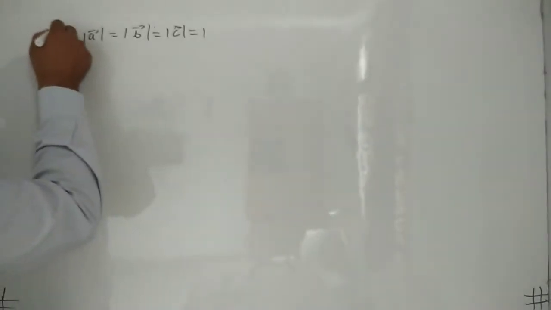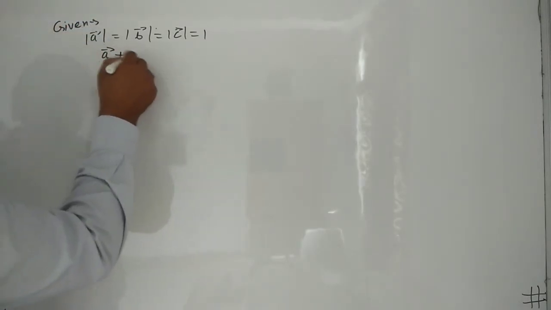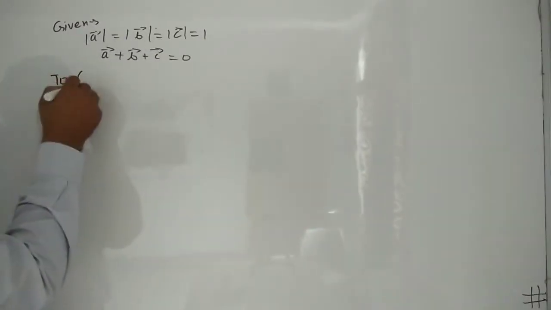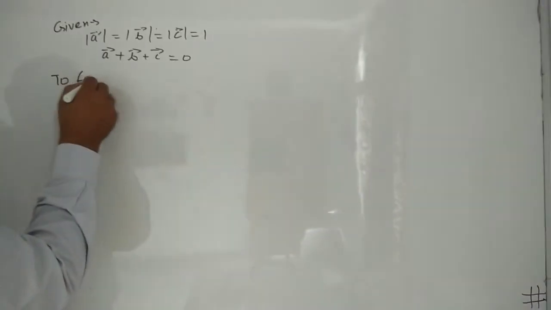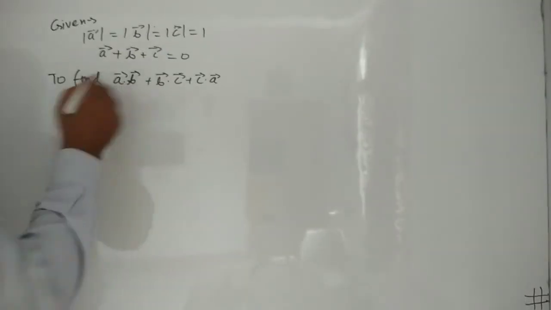One more thing is given to us, that A plus B plus C is equal to 0. So these two things are given to us, and we have to find A dot B plus B dot C plus C dot A.